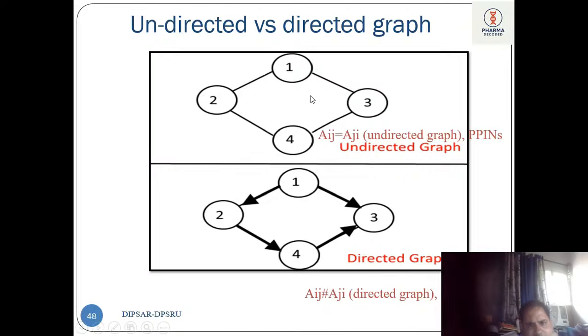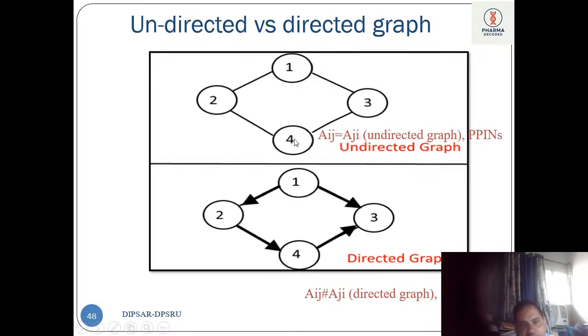you can see that these circles are the nodes, and the lines which are connecting these circles we call links or edges. So if we talk about an undirected graph, a, i, j, these are the nodes. If i is one node, j is another node, then a_ij is equal to a_ji. What does it mean?